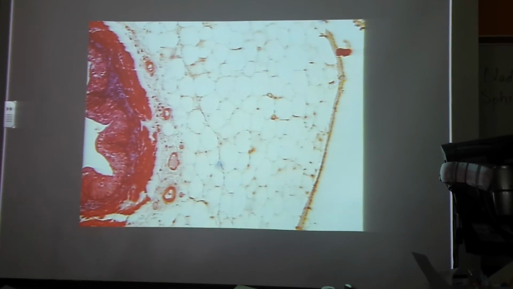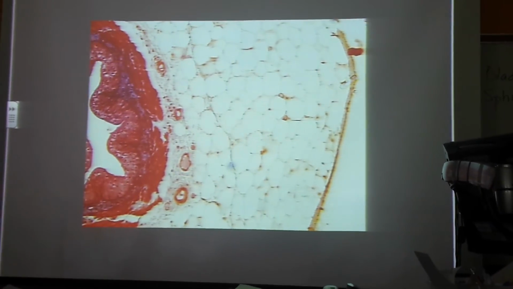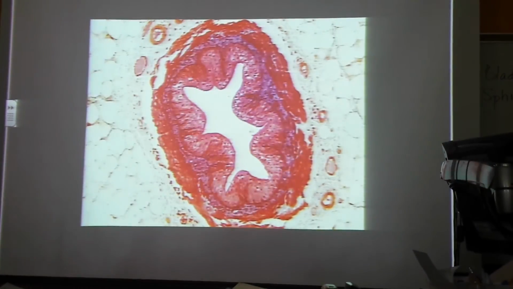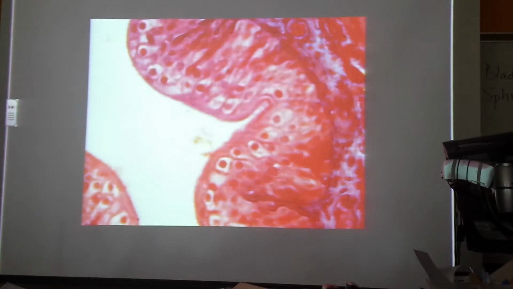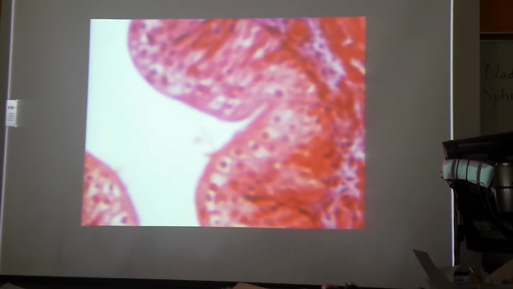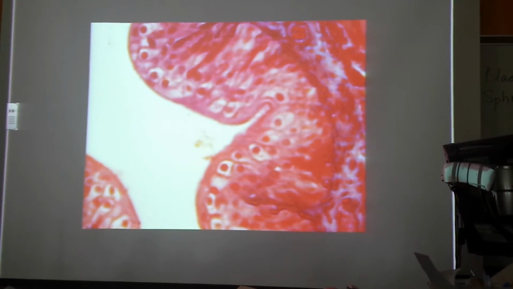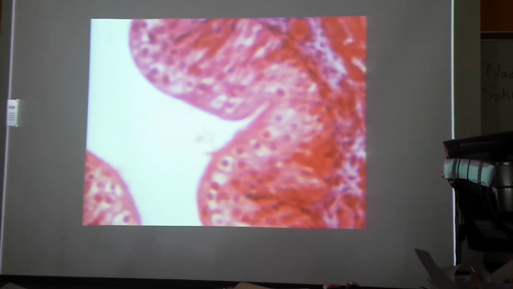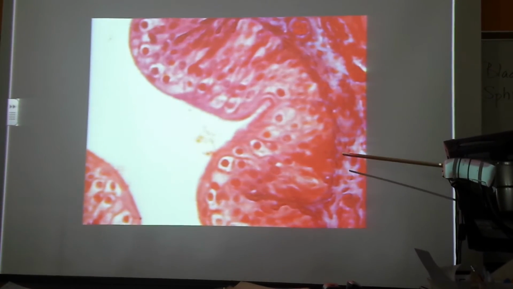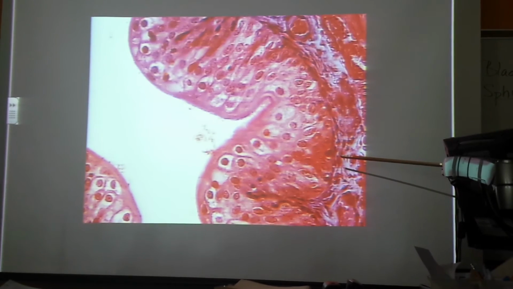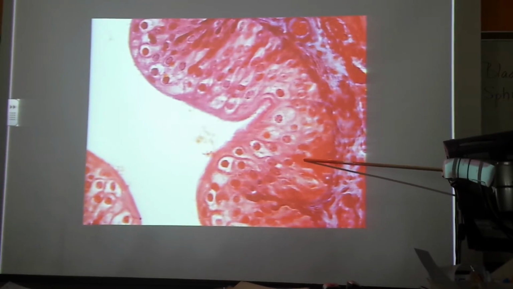So everything, you see, is quite thick. Okay? So once again, go back. Here is the epithelium. Looks like a stratified cuboidal epithelium. You can see the rounded nuclei, multiple layers.